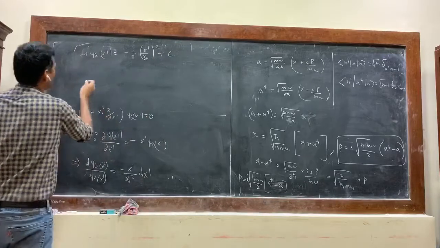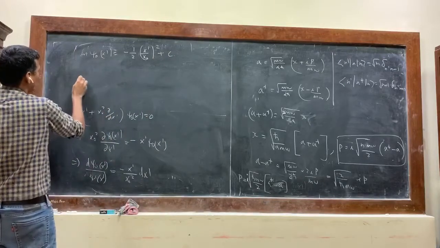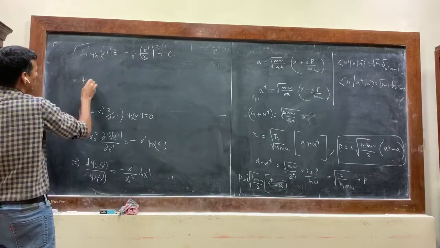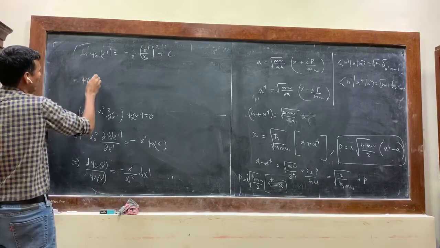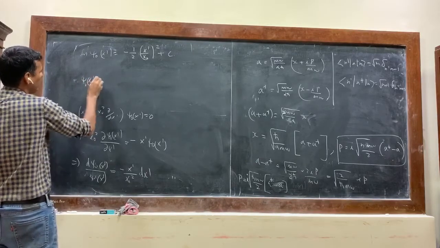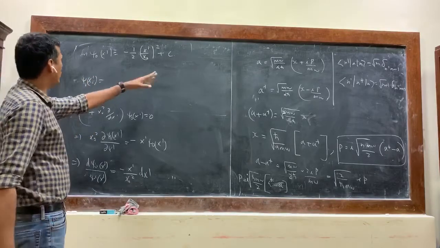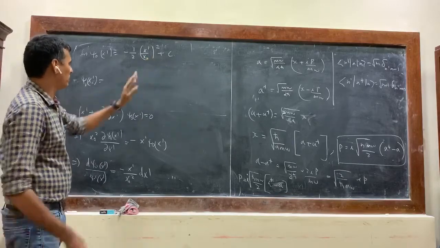Or you can write psi 0 of x prime, which is equal to, you can take that constant as some log c prime or something like that.